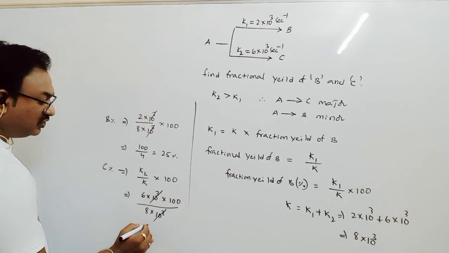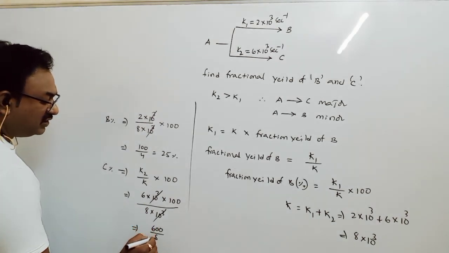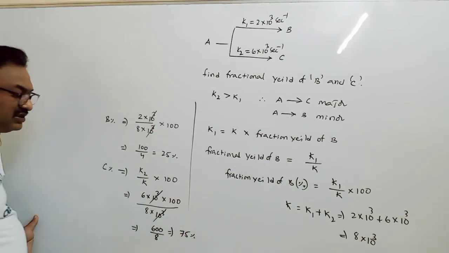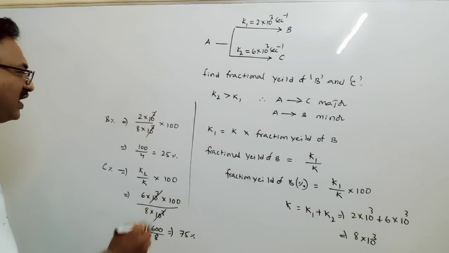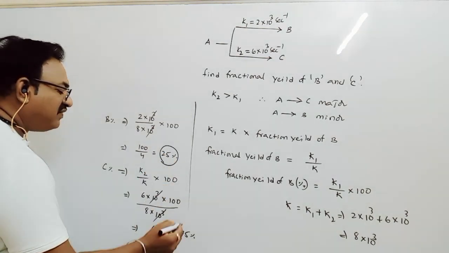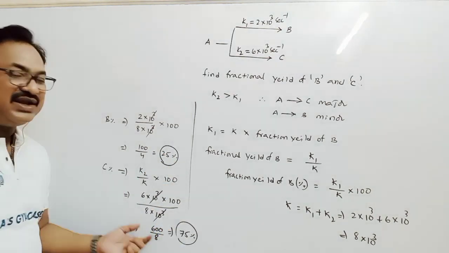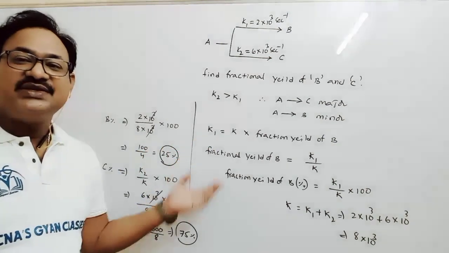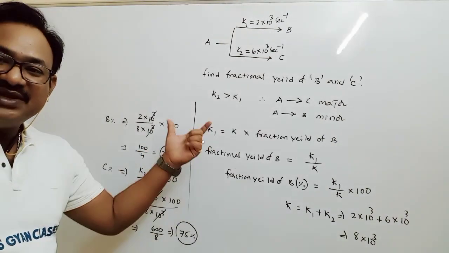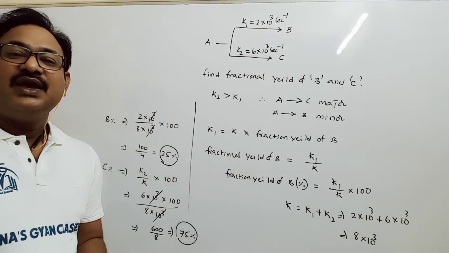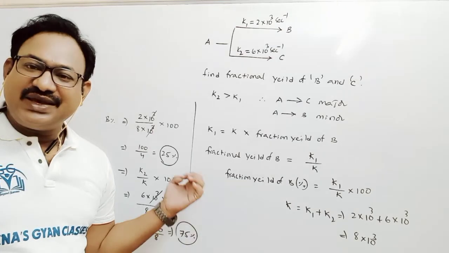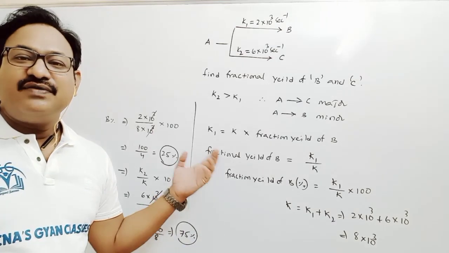So it is 600 by 8, that's about 75%. So the fractional yield of B is 25% and C, the major product, will be 75%. So this is the kinetics of parallel path reactions, and I gave a question based on it. Okay. So the major part of kinetics I just completed and a few questions I have given.